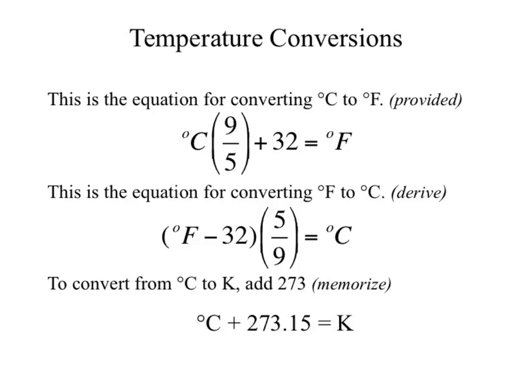Which brings up another interesting fact. What is the lowest temperature we can get for Celsius? If Kelvin is always greater than 0, what is our lowest degree Celsius value? Negative 273 point, and you would throw in whatever decimals you want as well.